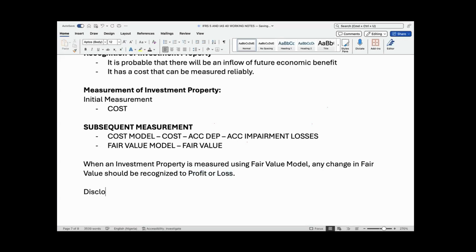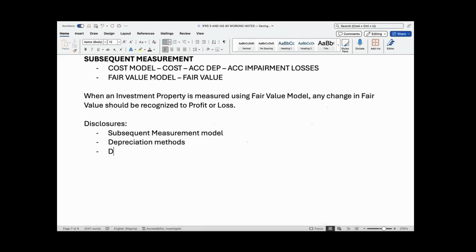And finally, you need to make some disclosures for investment property. You need to tell us what's the subsequent measurement model you're using. If you are using cost model, what are the depreciation methods that you're using?